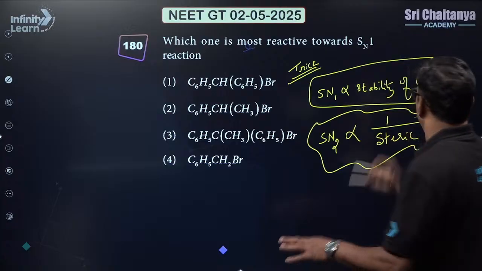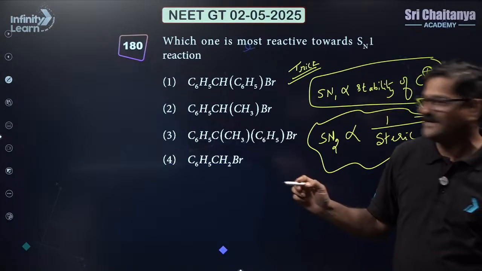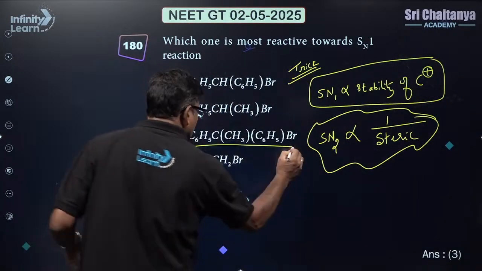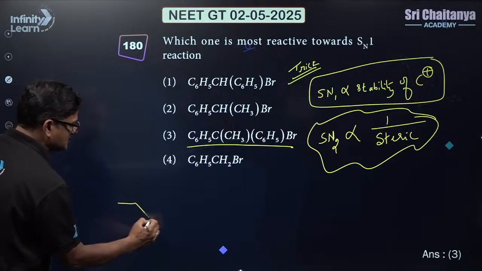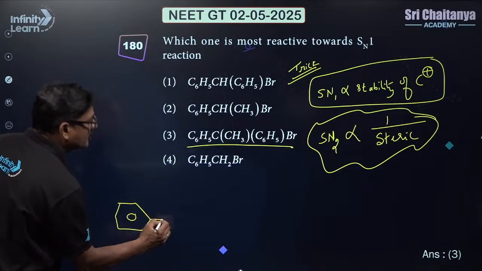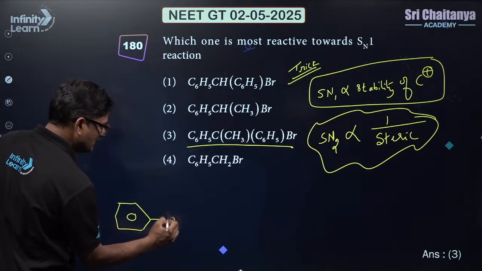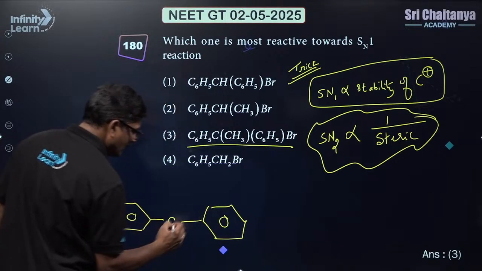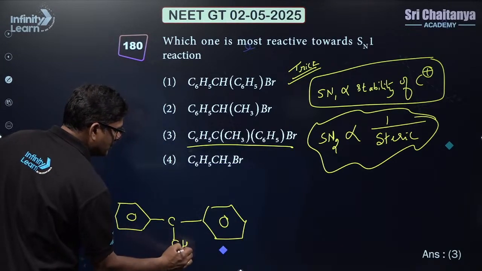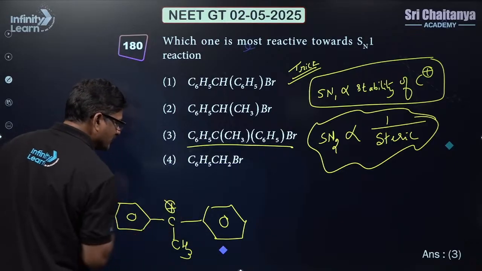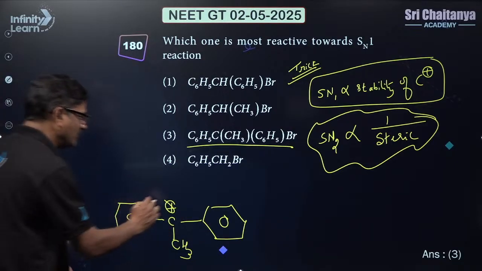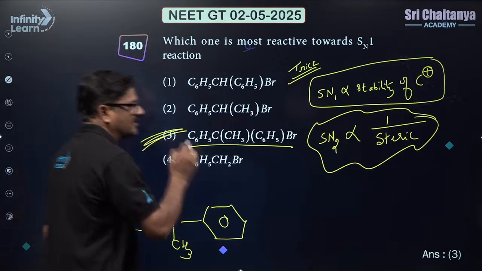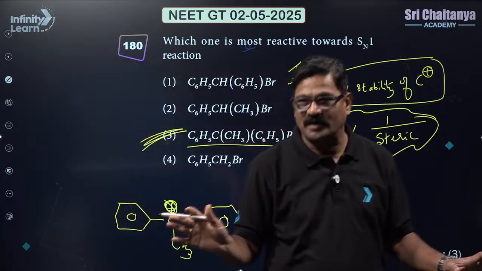So this is number 2. Understand, clear? Now when you see this forms a carbocation, C6H5CH2, it is going to be C6H5 and CH3 plus. And answer 3 forms the stablest carbocation, which is very, very important.